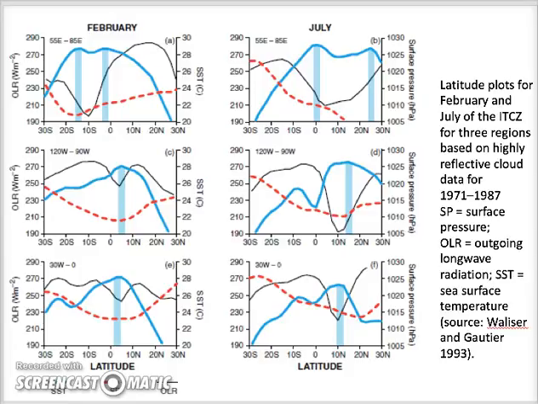Such data represent the presence of deep cumulonimbus clouds on average. The ITCZ is located at about 5 degrees north latitude because the thermal equator is displaced into the northern hemisphere due to the heated northern continents.